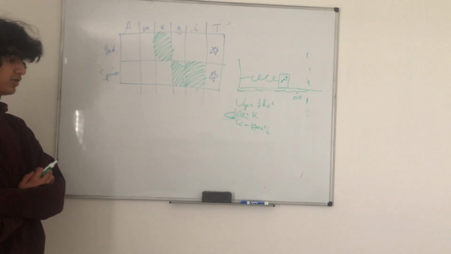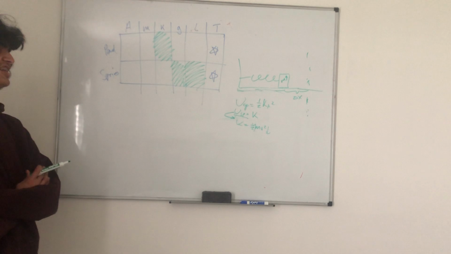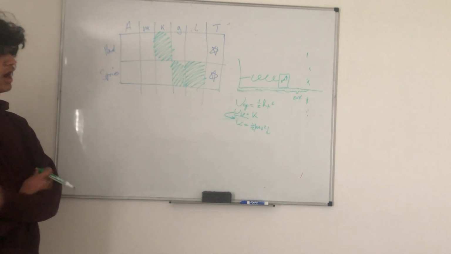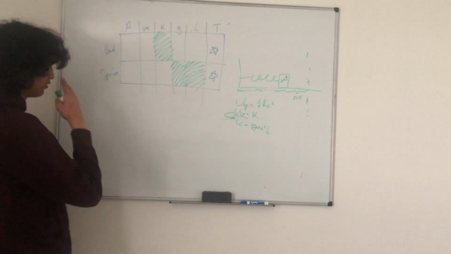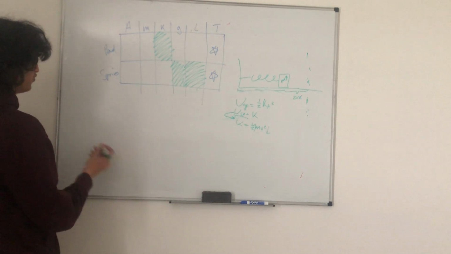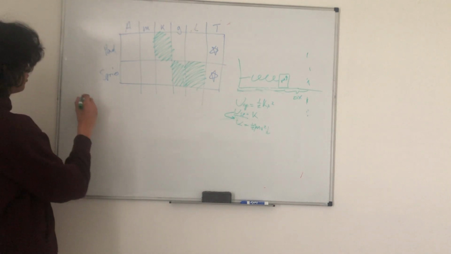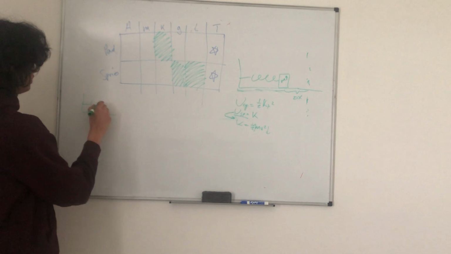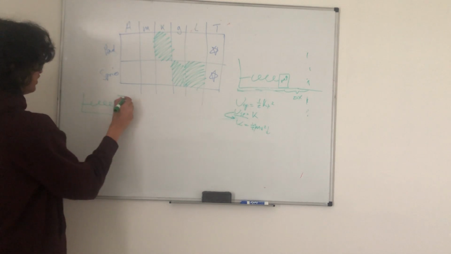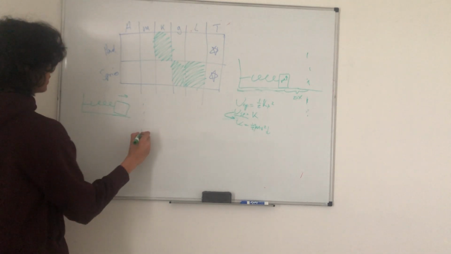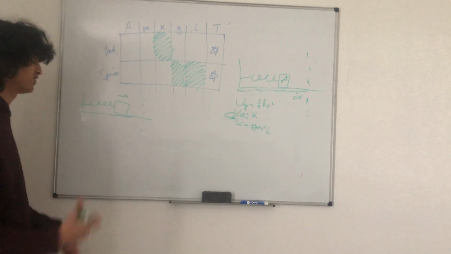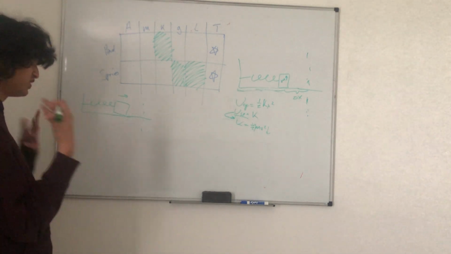I saw a problem in the practice test: as a spring approaches equilibrium, what is happening to its velocity and what is happening to its acceleration?